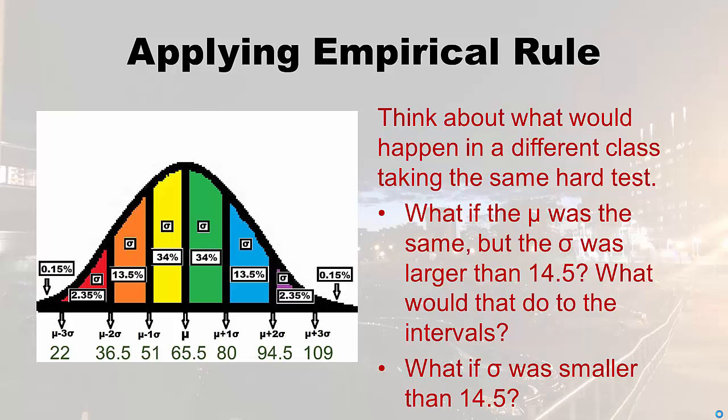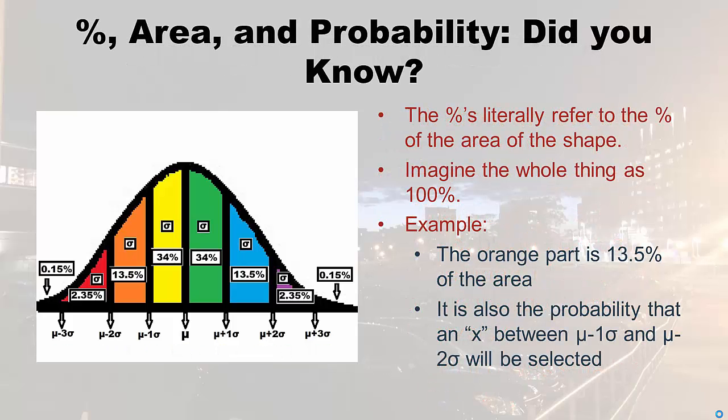The reason I wanted you to think about that is that's why this shape goes by mu and standard deviation, because it really matters how big the standard deviation is, and how big each of those areas are with the different colors. So I just wanted to remind you that percent, area, and probability are all related. The percents literally refer to the percent of the area of the shape, okay?